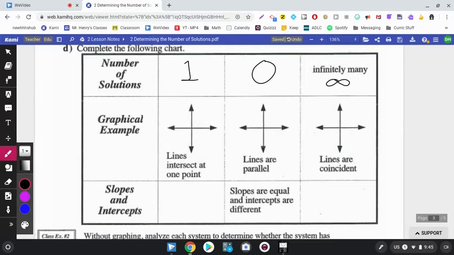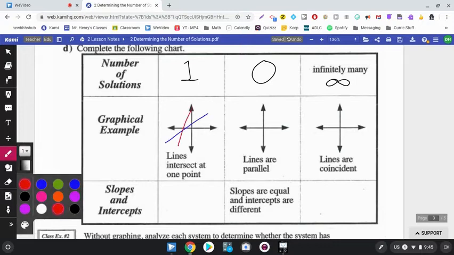It's like a sideways 8. So one solution. Okay. One solution. That is the unique scenario where they're just separate lines, right? So that's just one example. The point of intersection could be anywhere, right? But what I'm looking at is those lines have a different slope, okay?